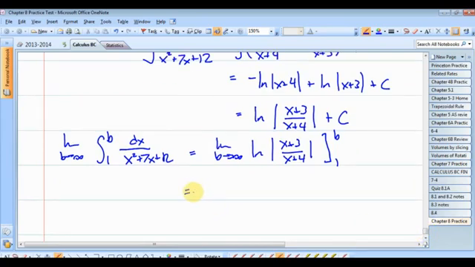Plug in. The limit as b goes to infinity of the natural log of b plus 3 over b plus 4 minus the natural log of 1 plus 3 over 1 plus 4.